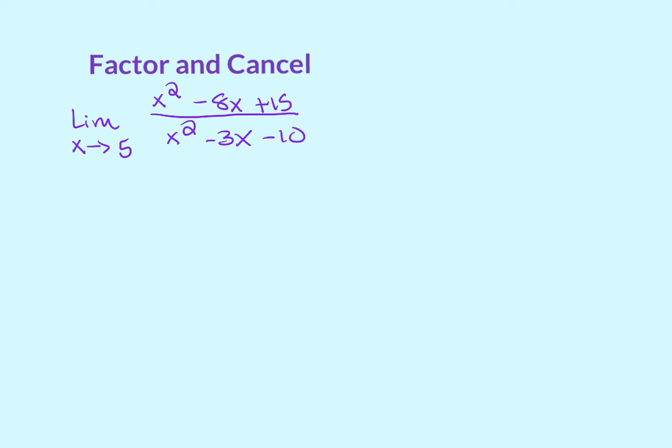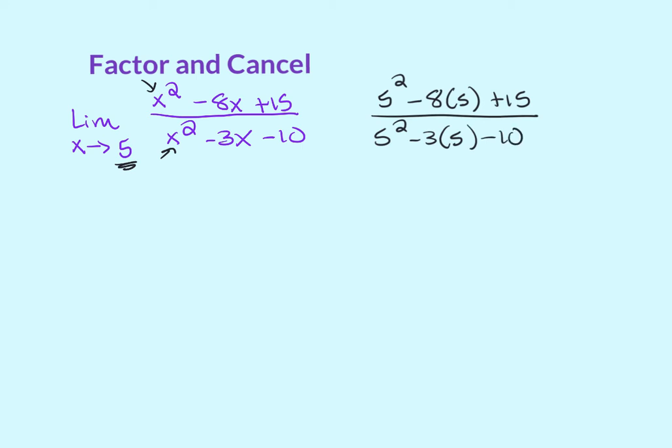That's what we're used to, is just, hey, plug in 5 for x. So 5 squared minus 8 times 5 plus 15, and then looking at 5 squared minus 3 times 5 minus 10. If you evaluate this, you're going to end up getting a 0 over 0.